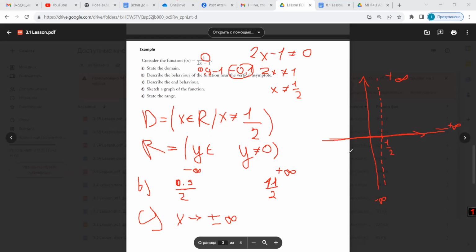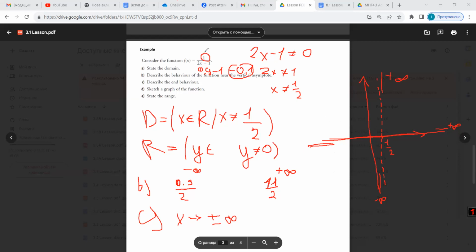And if we travel to negative infinity, we're going to get an incredibly small negative number for y. So it will be here. Combining all of that information, here it's on this side of the vertical asymptote, and here it's on this side. And now the last step for you is to sketch a graph of this function.